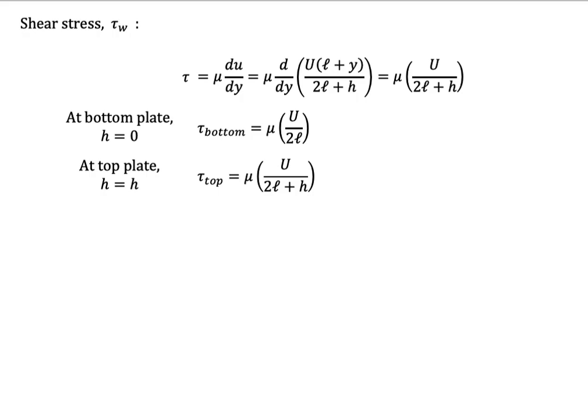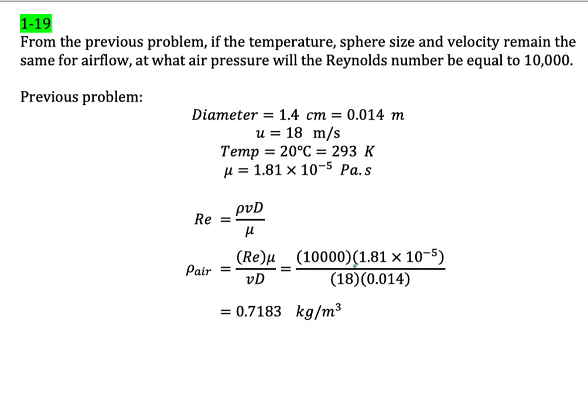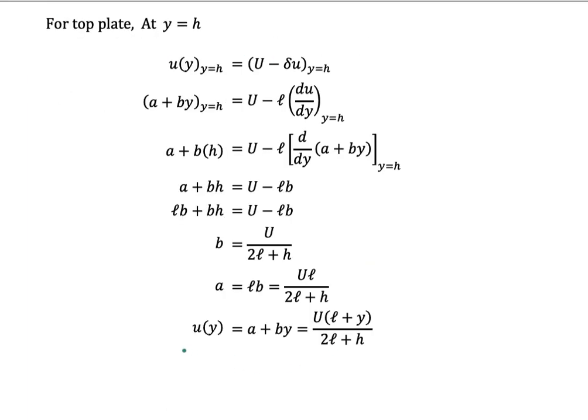And then the shear stress. This is the common shear stress that I think you still remember from your undergraduate study. Tau is equal to mu du/dy. The du/dy here is actually the differential of this one. We already have the equation of u(y), so we do the differentiation here.